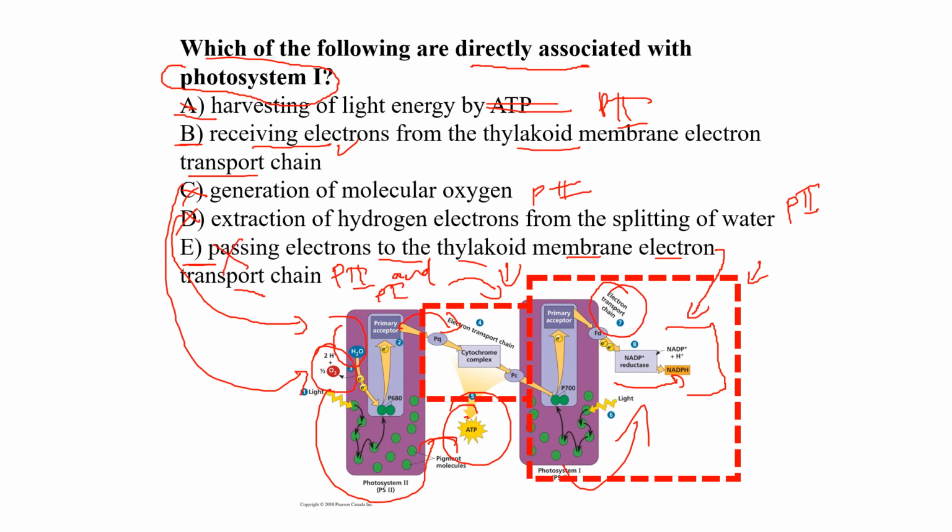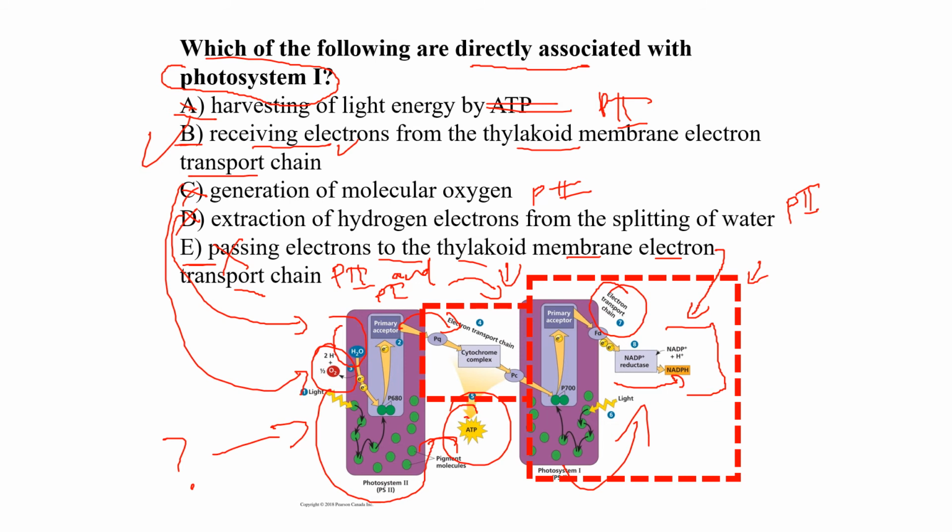So this one it could be in both photosystems. So the best answer will be receiving electrons because the photosystem 2 is not receiving electrons from an electron transport chain. It is receiving it from the breaking of the water.